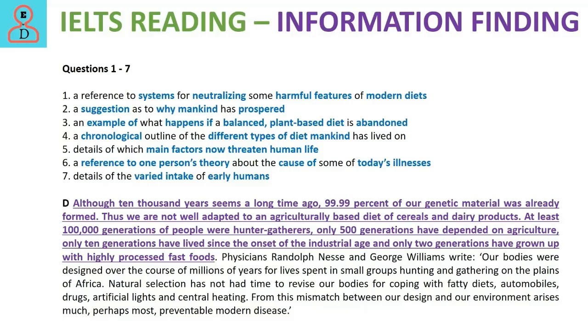Looking carefully at these lines, we can see that it talks about humans of different generations, starting from 10,000 years ago to the present generation, and their diet at each timeline. Remember the word timeline, which we used for statement number 4. Hence, D should be the answer for statement number 4.